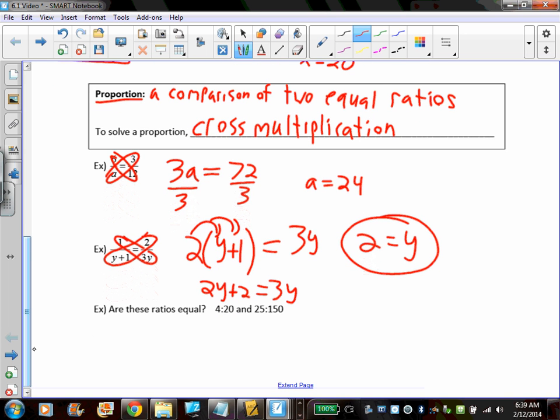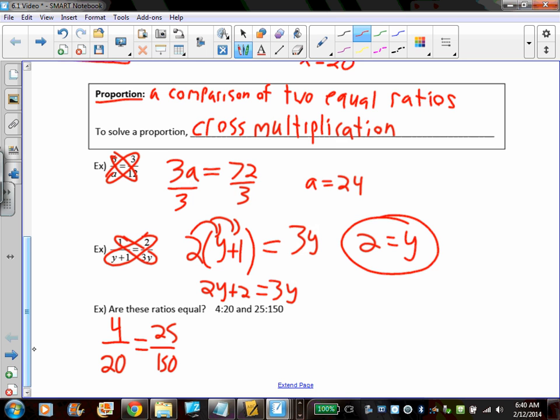Ratios and proportions can also allow us to check to see if two ratios are equal. Here we have 4 to 20 and 25 to 150. If we set these up in a proportion, 4 over 20 equals 25 over 150.